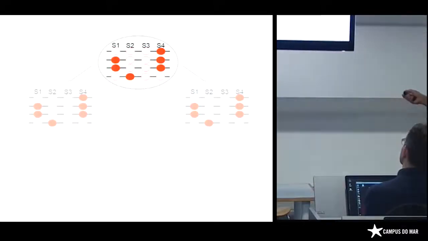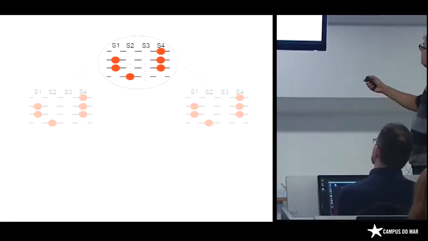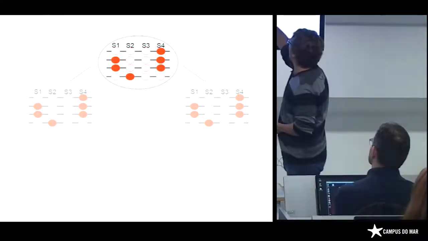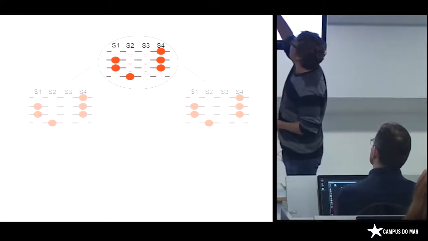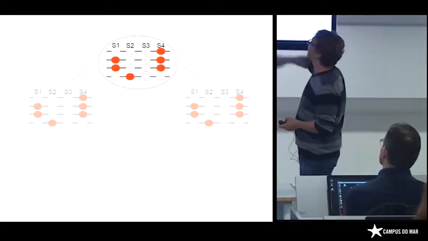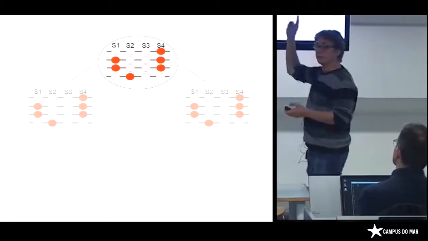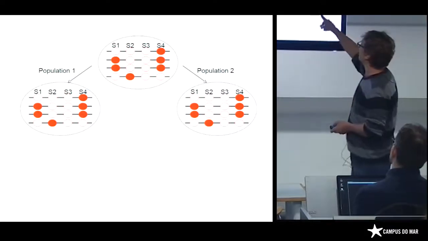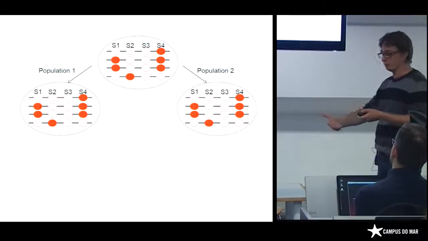So basically, when populations diverge, here you have 4 chromosomes in the population and 4 SNPs. So it's an ancestral population that splits into 2 daughter populations, and so they have exactly the same composition at the moment of the split.